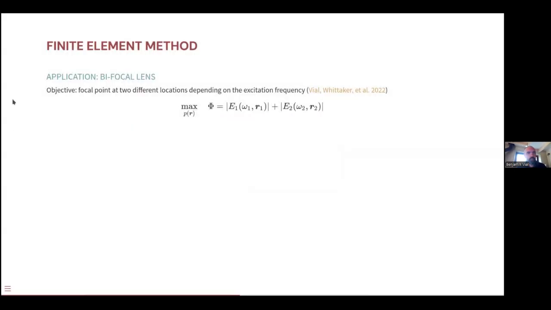So let me go back to the presentation and show you an application of what I've done using this package. For example, we wanted to have a lens that focuses energy at two different locations depending on the excitation frequency. This is going to be the objective we want to maximize: the norm of the electric field at two different frequencies and two different locations.